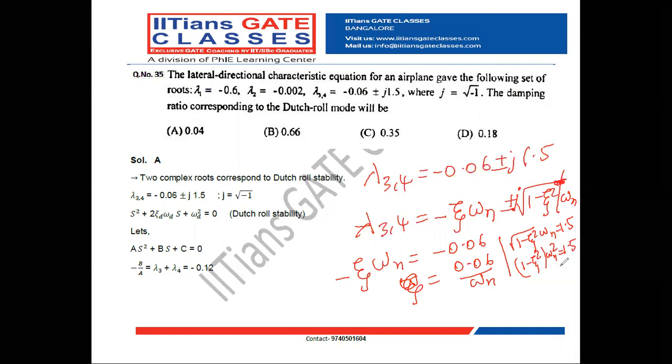For zeta, we know from this relation, substitute zeta equal to 0.06 divided by omega n. So when I substitute, it becomes 0.06 square divided by omega n square into omega n square equal to 1.5 square.